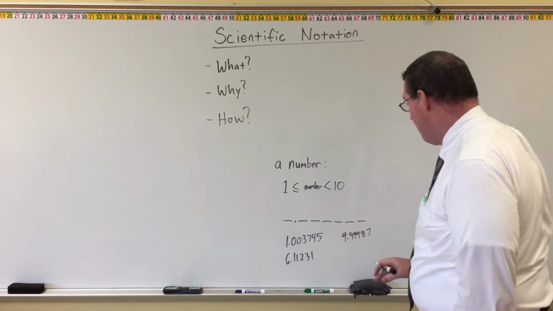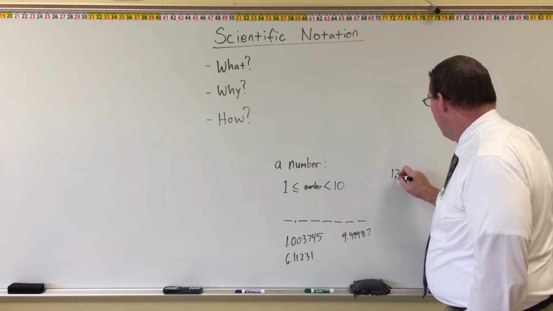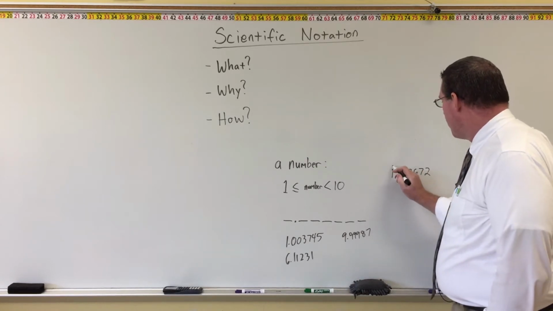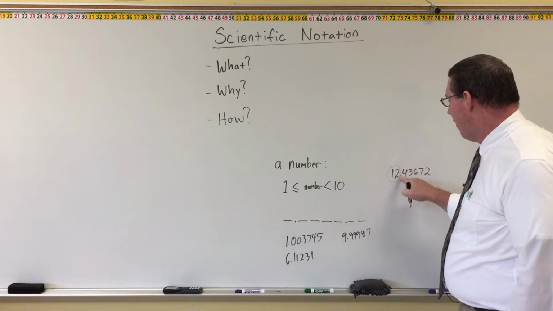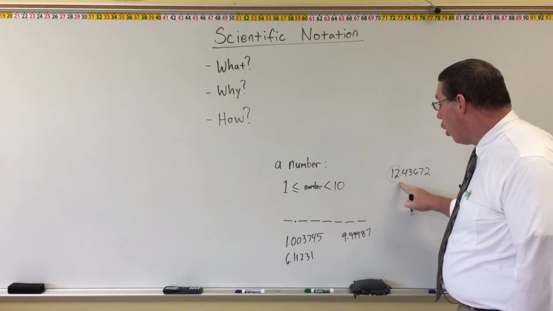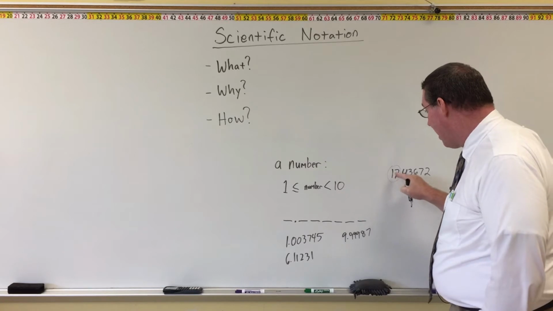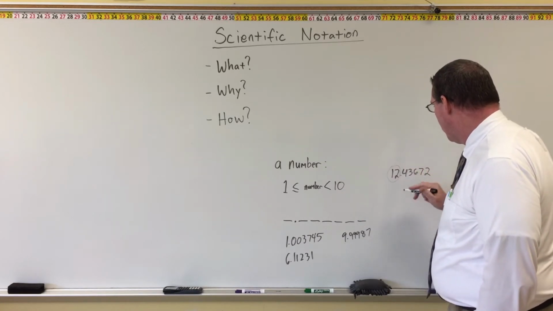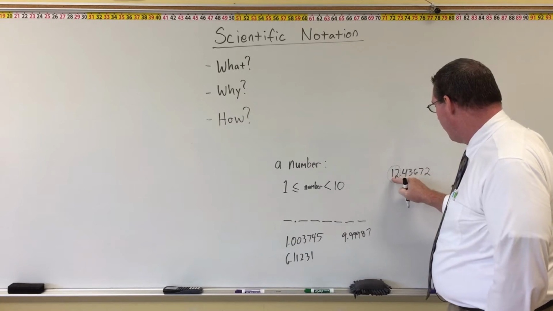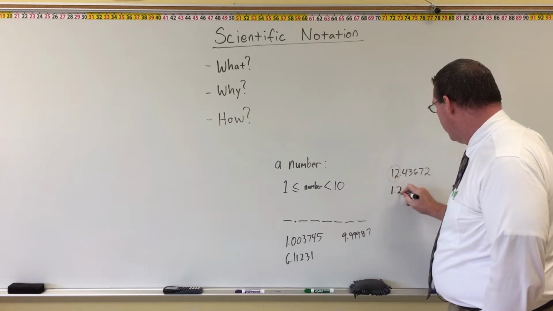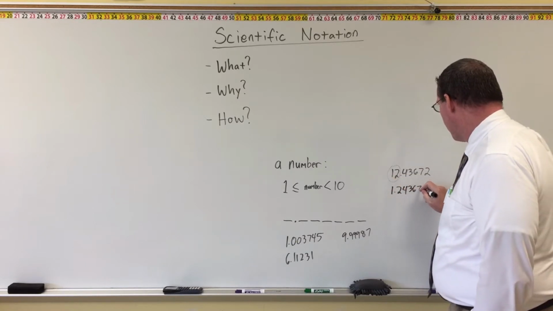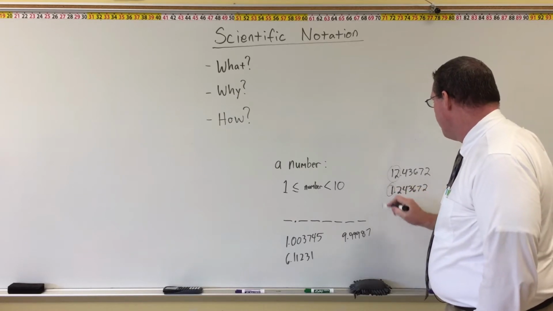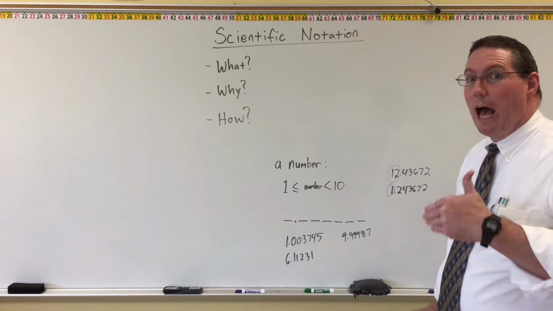But it can't be 12.43672 because the number to the left of the decimal is larger than 10, so it can't be this. If this was going to be your scientific notation number, you would move that decimal point over here, and instead you would have 1.243672.